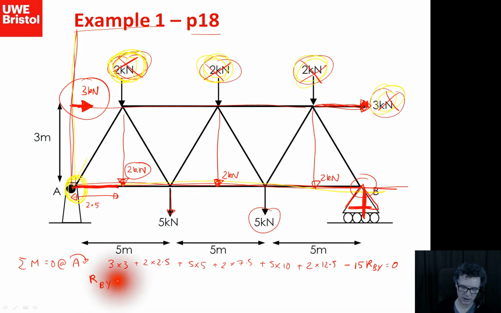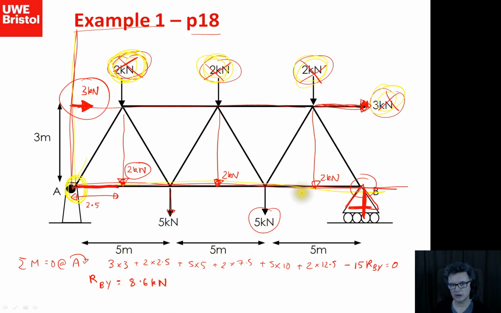So I'm going to put all this in my calculator and find out what RBY is. So RBY equals, so I've got 3 times 3 plus 2 times 2.5 plus 5 times 5 plus 2 times 7.5 plus 5 times 10 plus 2 times 12.5, and divide that by 15, and I get 8.6 kilonewtons.